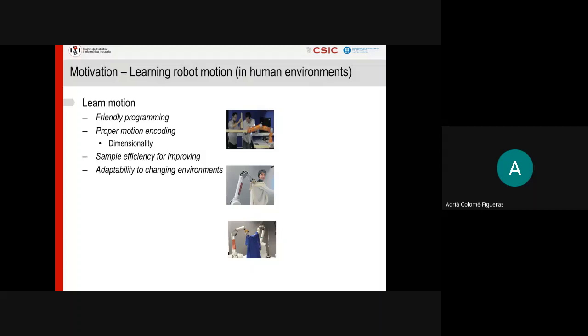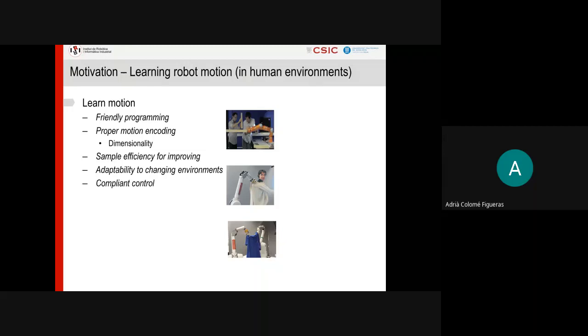Again, in the case of playing tennis, the ball can come from here, or a little bit up or down, or on the side. So the robot needs to readapt the motion that it has been learning to these changing situations, and that is very important, because otherwise we are again in the case of the factory, where we need to relearn from scratch if we cannot have a model that can readapt to changing circumstances.